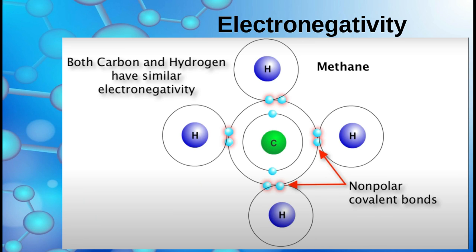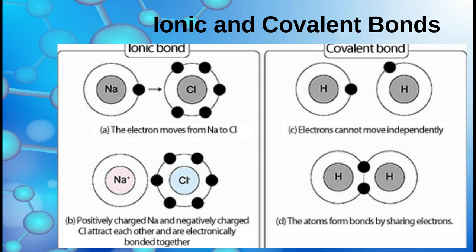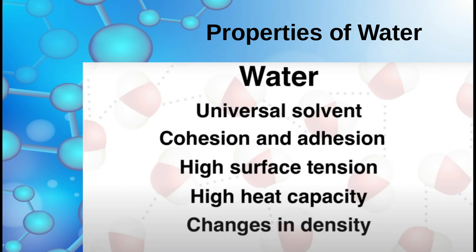And this is also a sharing because nonmetal with nonmetal, but it's an equal sharing because it's nonpolar and they're similar in their electronegativity. So those are both covalent bonds.